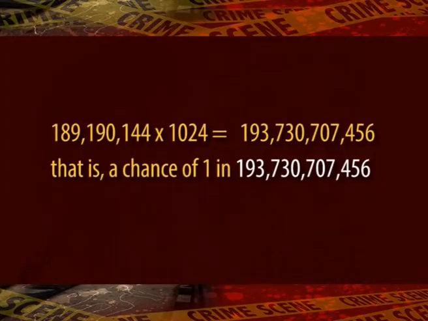Now, if each of these striations can now be one of two widths, say thick or thin, then the chance of two grooves from two different weapons accidentally matching under all the three criteria is going to be the figure which is shown on your screen. That is a chance of 1 in the figure which you have just now seen.